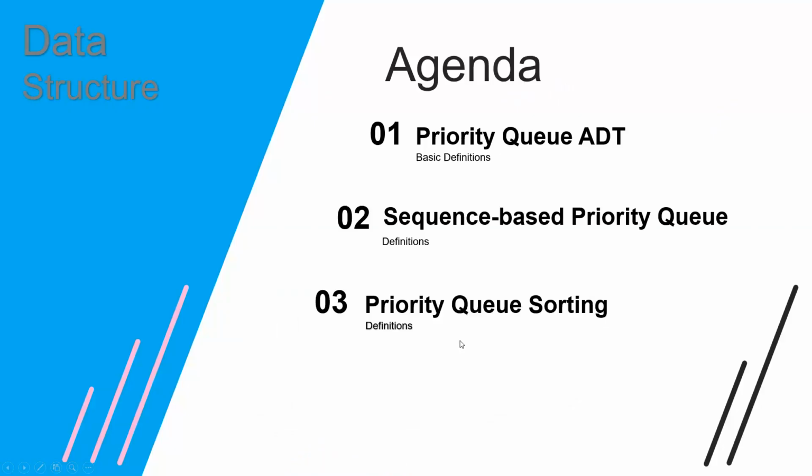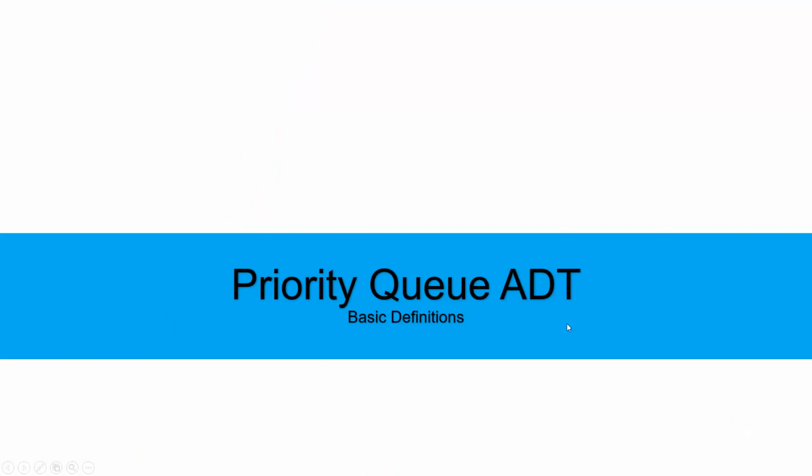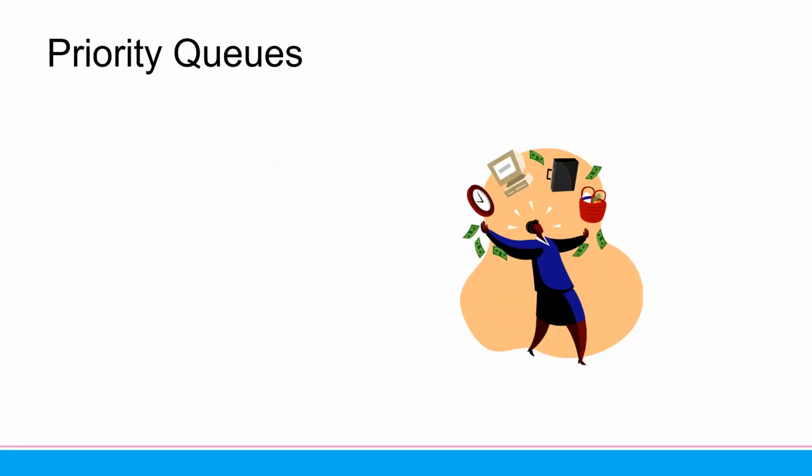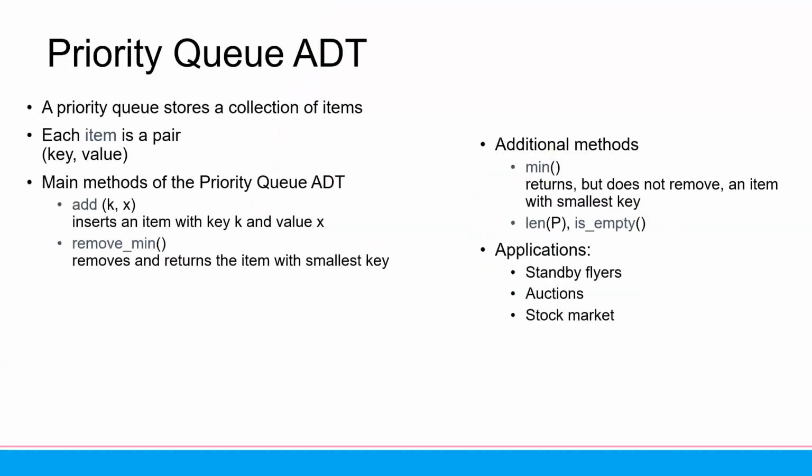So in the priority queue, I think you already know about queue, but we want to know what is the meaning by the priority. And we will check what is the sequence-based priority and then the priority queue sorting. Priority queues.